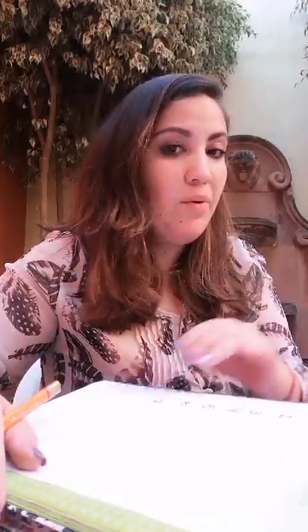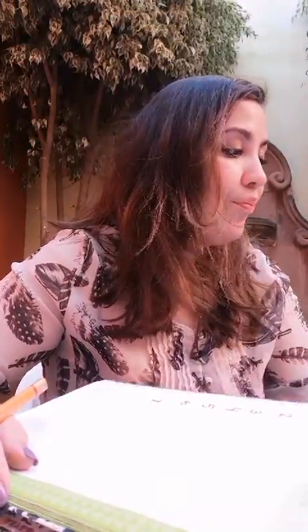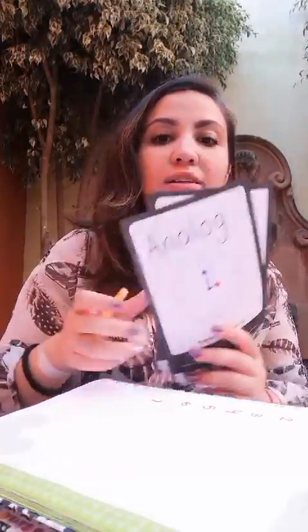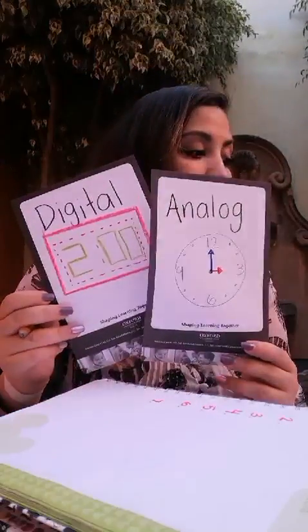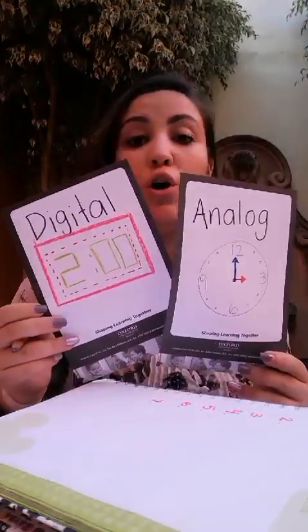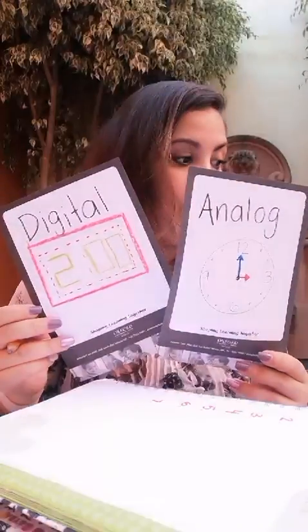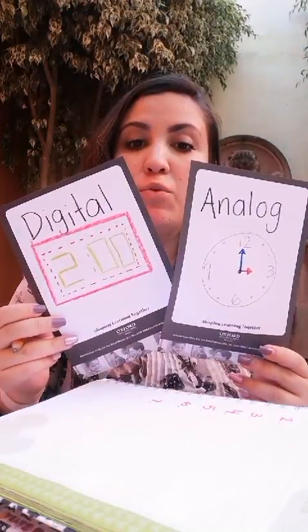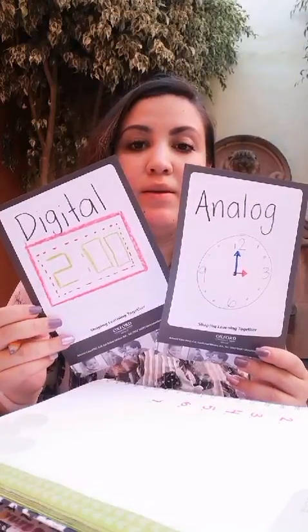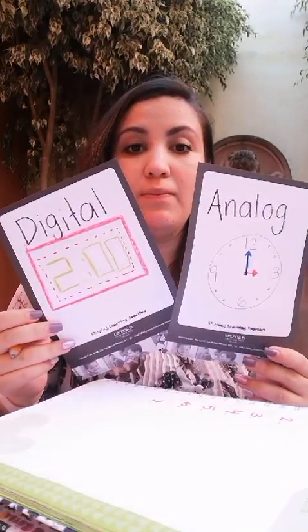So, number 1, it says, blank is a type of clock, these are my 2 options of clock, that only uses numbers to show the time. Which is it? Only uses numbers.